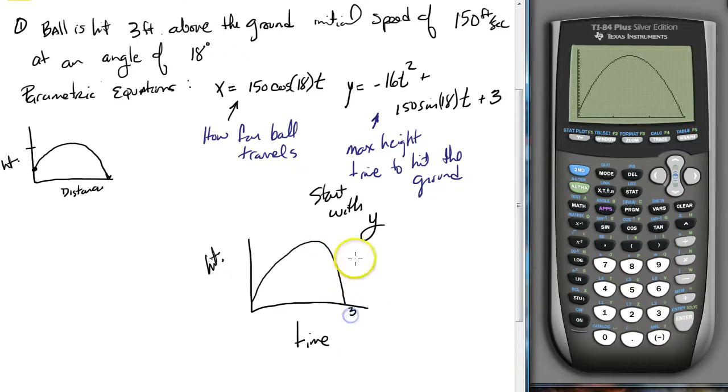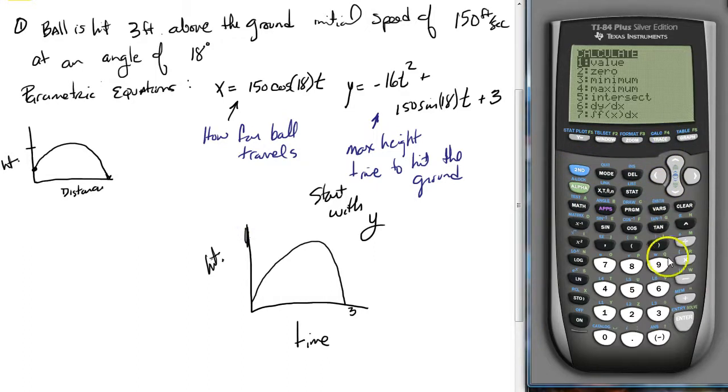So that's around 3. And I can find the max height. Second calc, maximum. So you want to get to the left, to the right. Enter. And something's wrong.